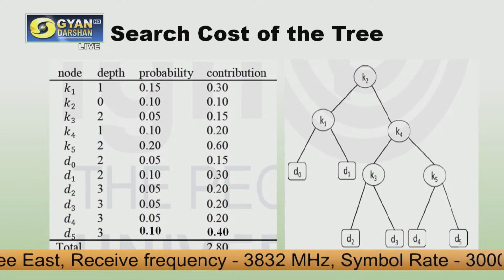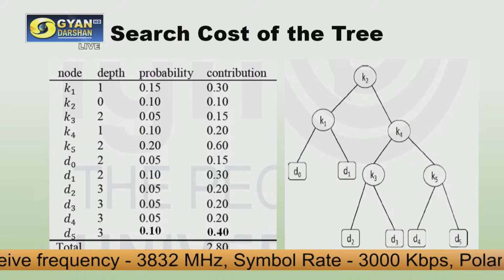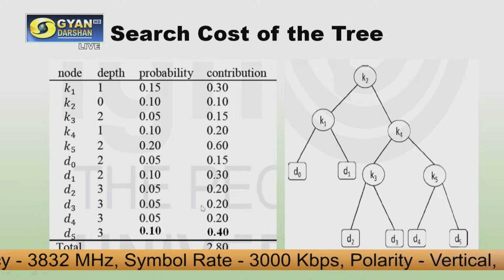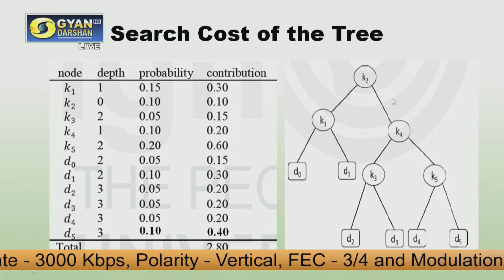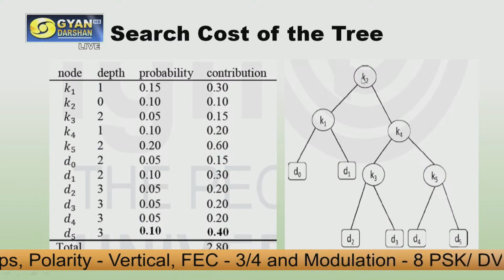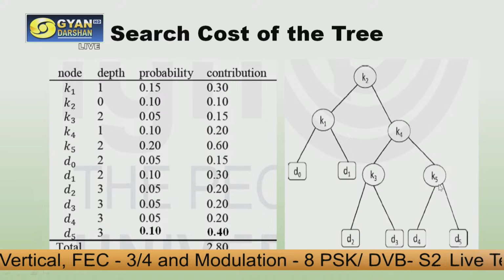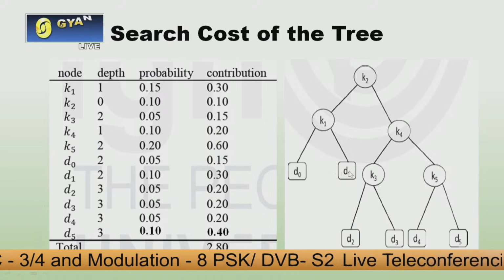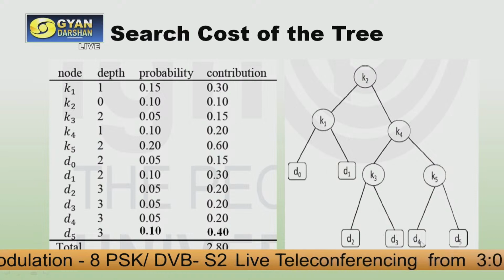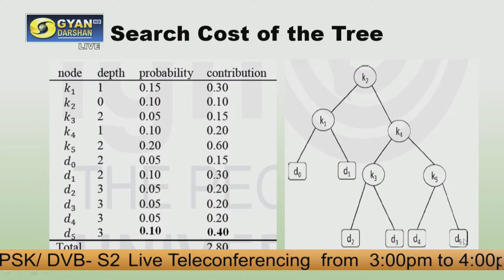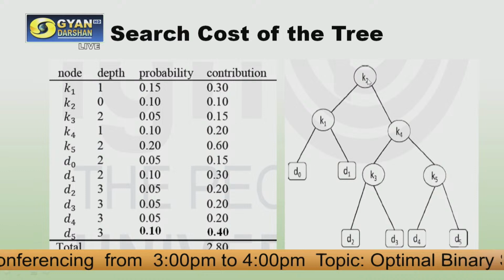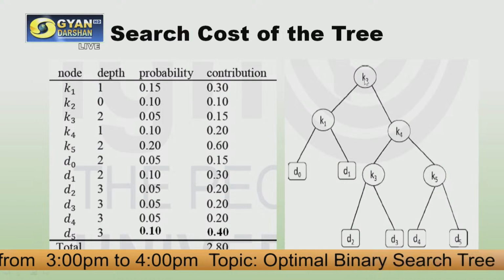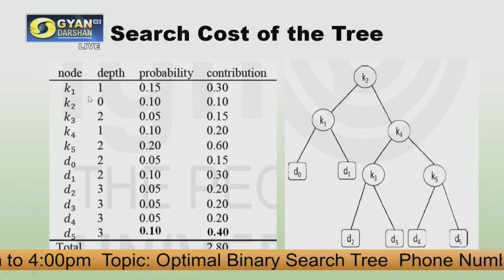Now, all these things should go along with an example. If we do not discuss things with an example, then you might get confused. So let us look into the example of the tree, where we have K1, K2, K3, K4 and K5, and the dummy nodes D0, D1, D2, D3, D4 and D5. Now their levels. K2 is at level 0, or depth 0.